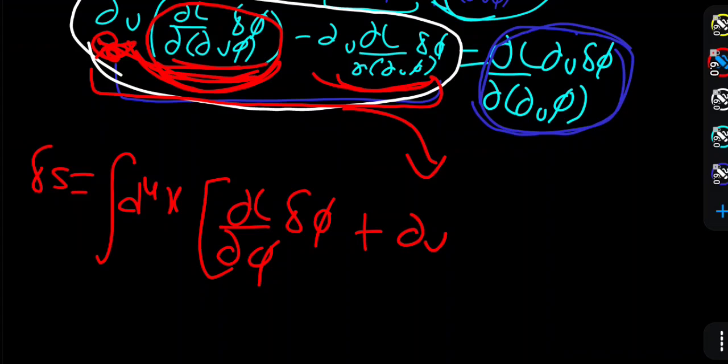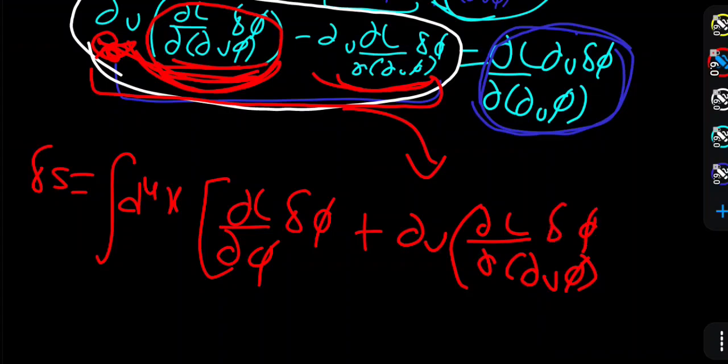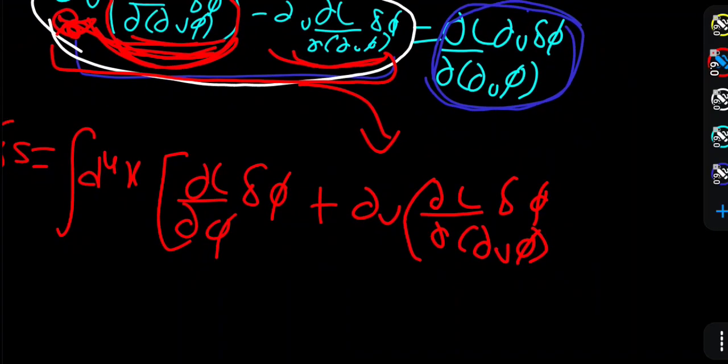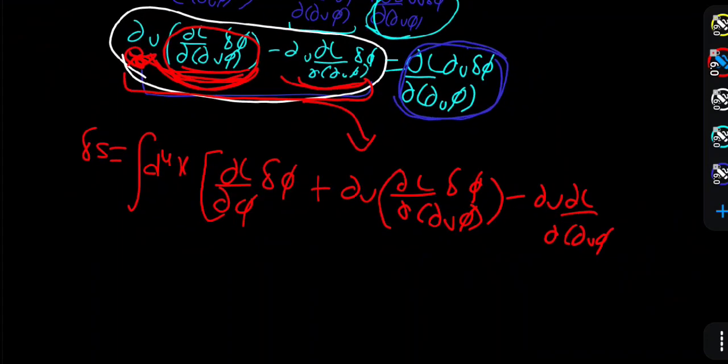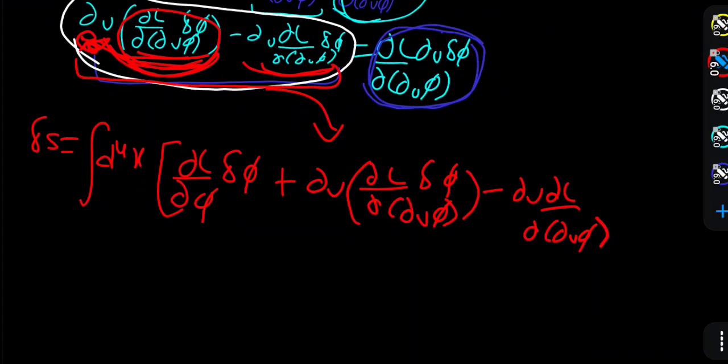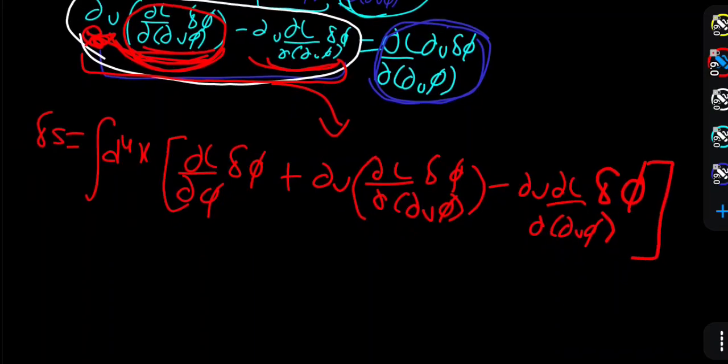So ∂_μ of ∂L/∂(∂_μφ) and a small variation in φ, this is our equation, and minus ∂_μ of ∂L/∂(∂_μφ) times δφ, and of course it's under the integral.